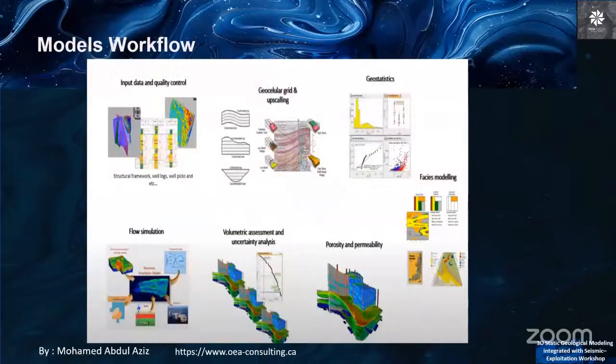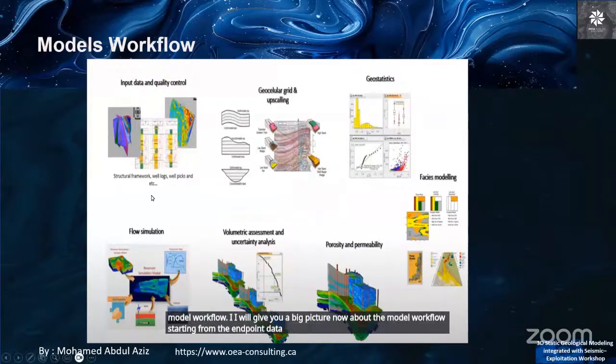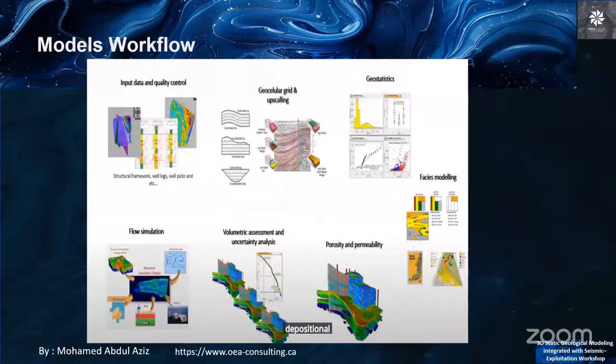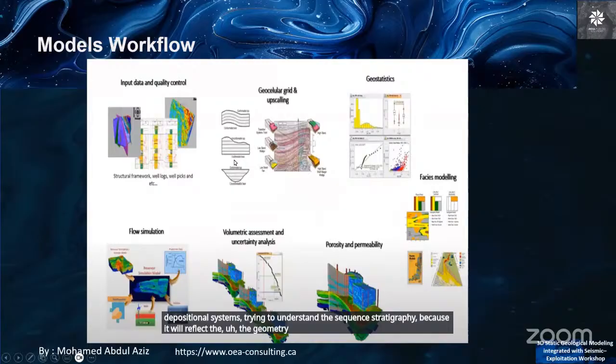Model workflow. I will give you a big picture now about the model workflow, starting from the input data, quality control for the logs, checking the thickness maps, structure maps, faults, and then going for the depositional environment and depositional systems. Try to understand the sequence stratigraphy because it will reflect the geometry of layering, as I mentioned.